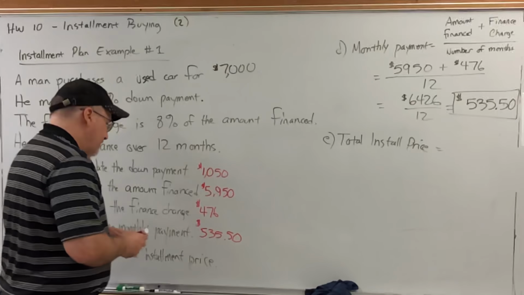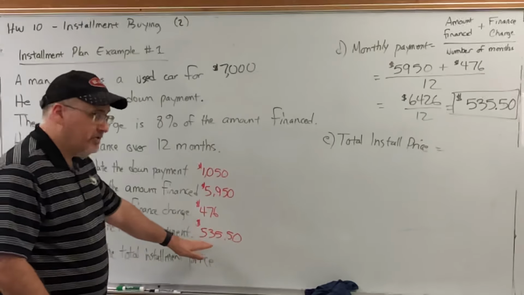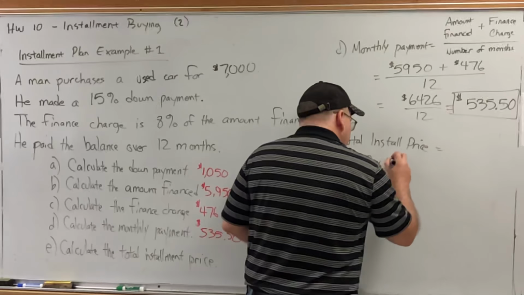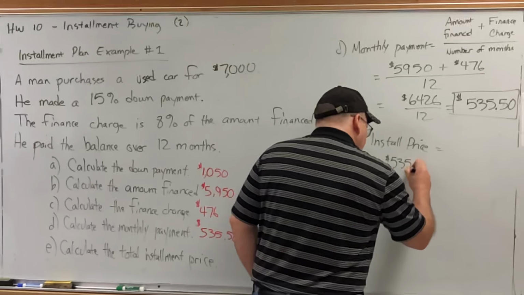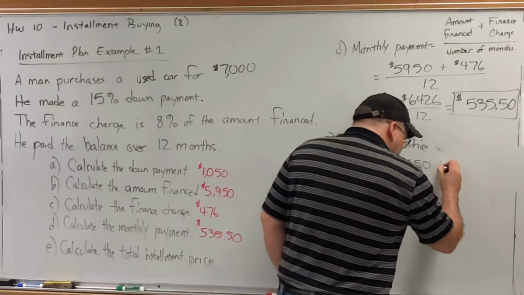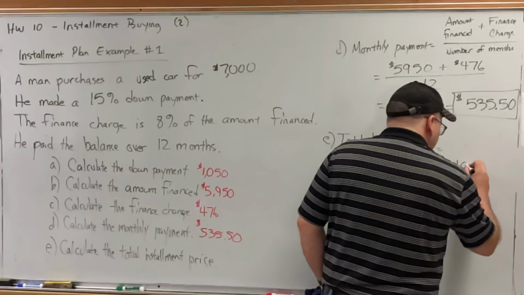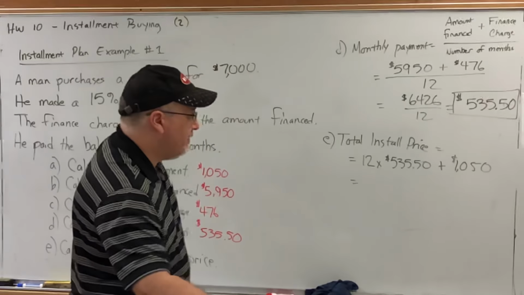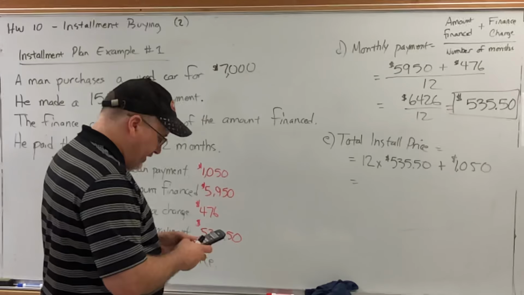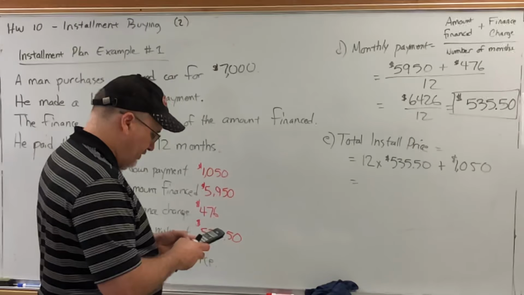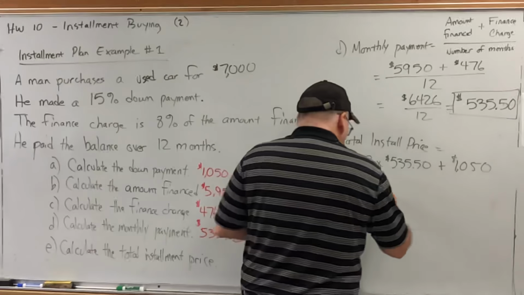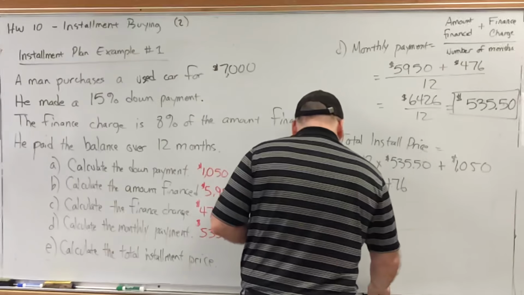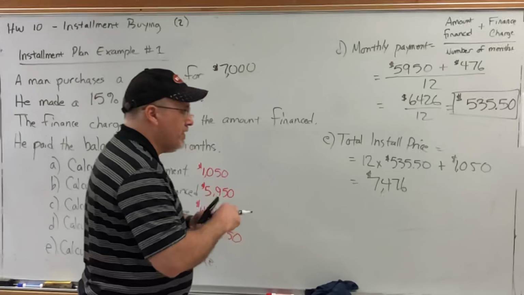So we could say, I am paying you 12 monthly payments of this, so 12 times $535.50 plus I paid you $1,050 as a down payment. So that's the total I am paying for this $7,000 car. And let's see how much that is. $7,476.